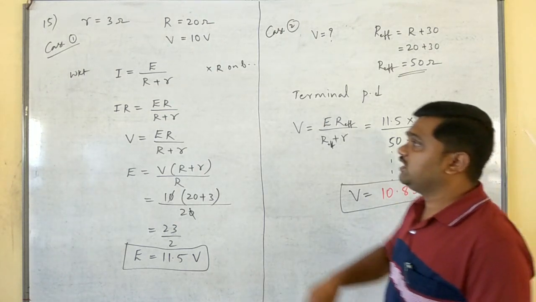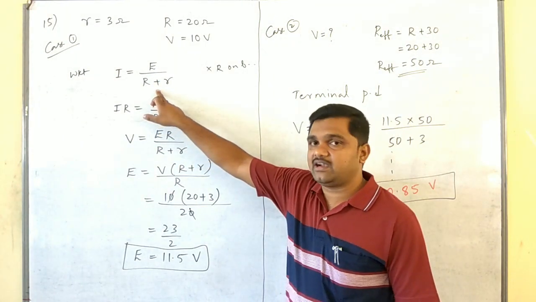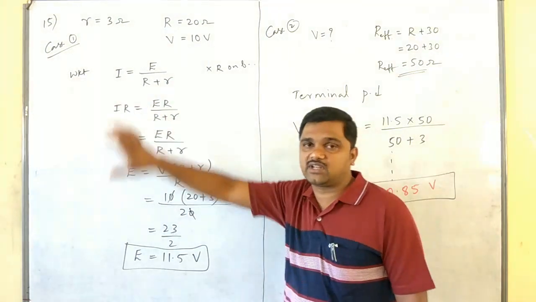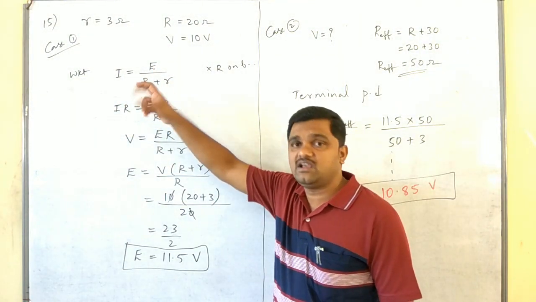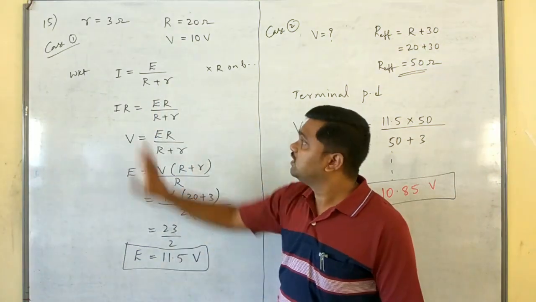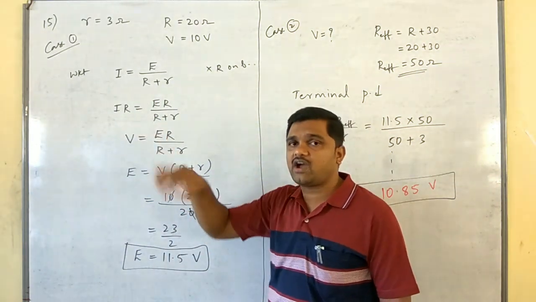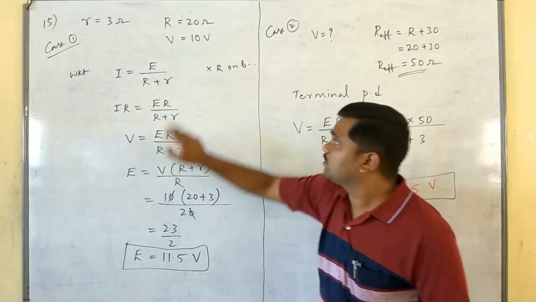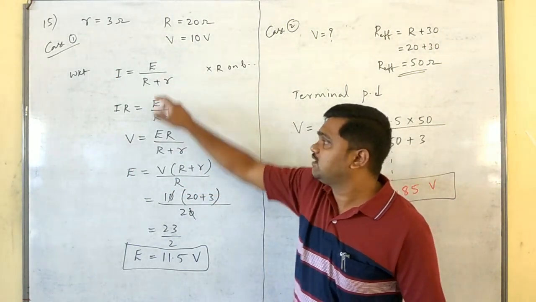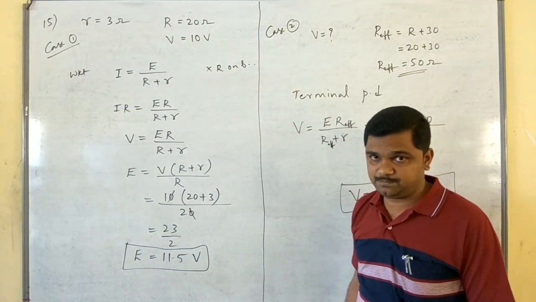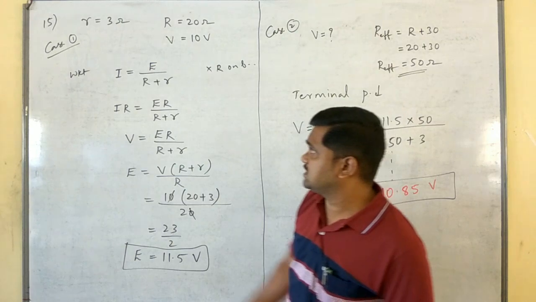Actually, this formula we had derived: an expression for current flowing through the circuit containing an external resistance R and a cell having EMF E and internal resistance small r. But this formula we have to modify. What I have done to modify it is multiply both sides by capital R, that is the external resistance.